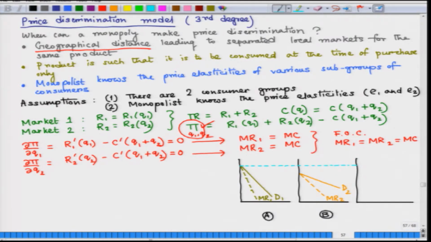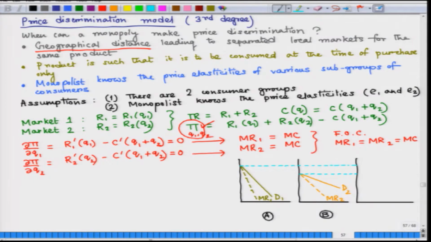Then I have to go to the market 2 demand function and the marginal revenue function, and again note the highest price, the intercept of the demand function and the marginal revenue function.